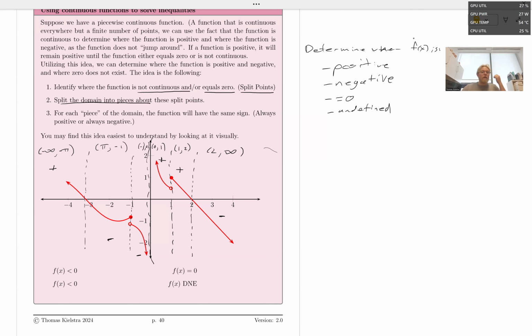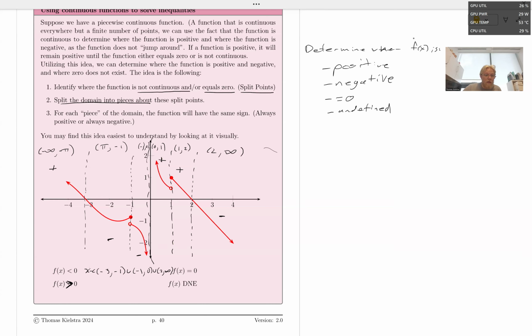So to determine where the function is negative, we just take all the intervals where we're negative. So this is x in minus pi to -1, unioned with -1 to 0, unioned with 2 to infinity. To figure out where f of x is greater than 0, we look at all the intervals where we're positive.